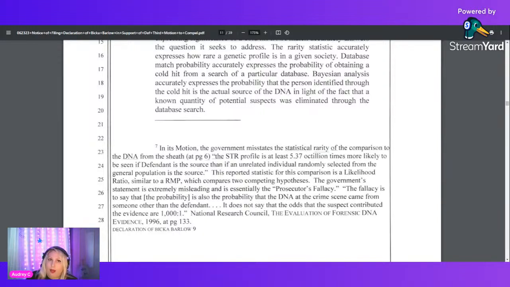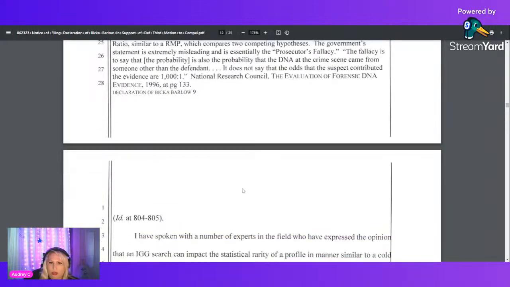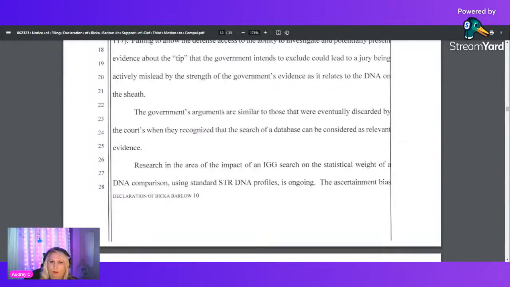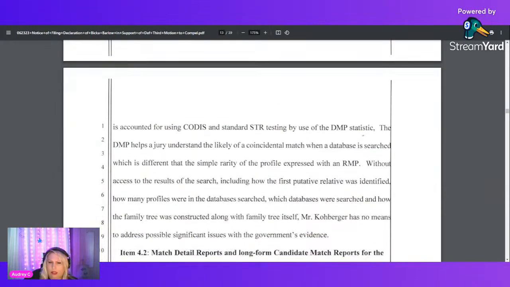Whereas in Becca Barlow's declaration, she talks about databases, like, could he be randomly found in a database? Let's see here. She's talking about the database too. This is it.